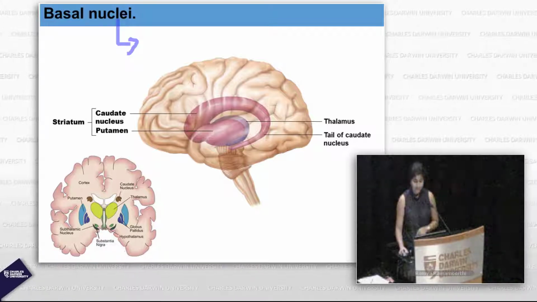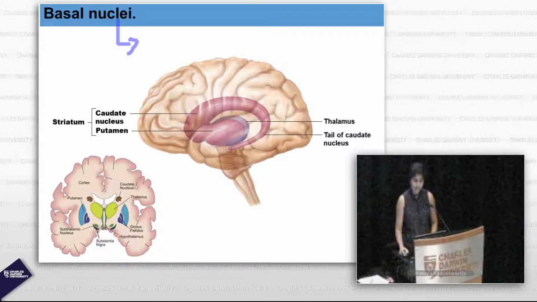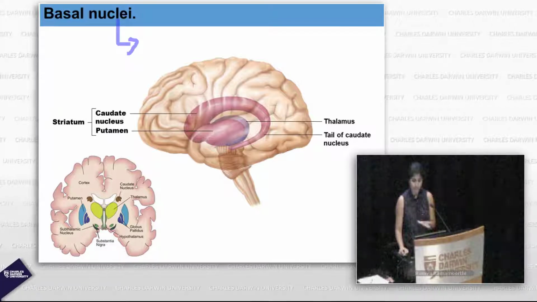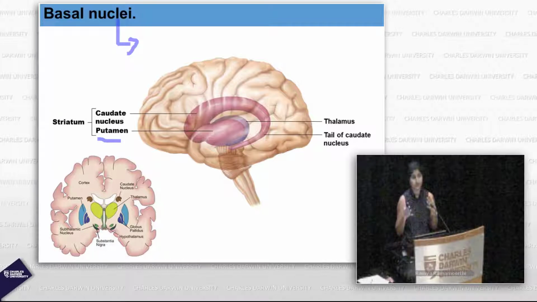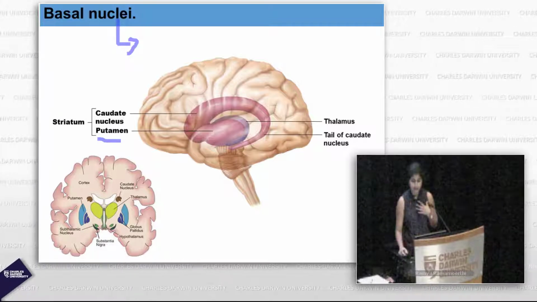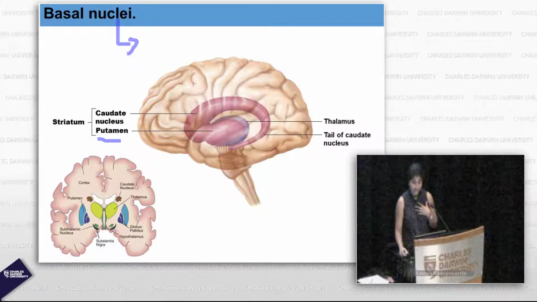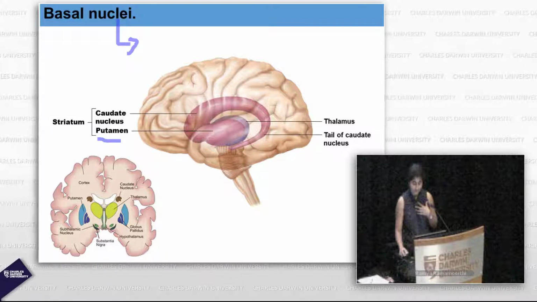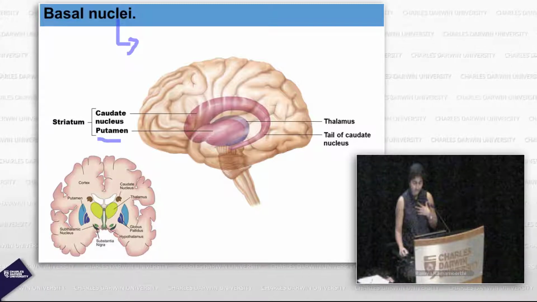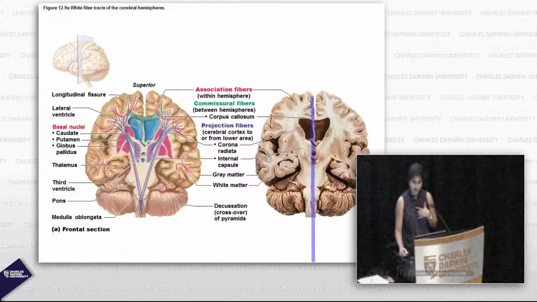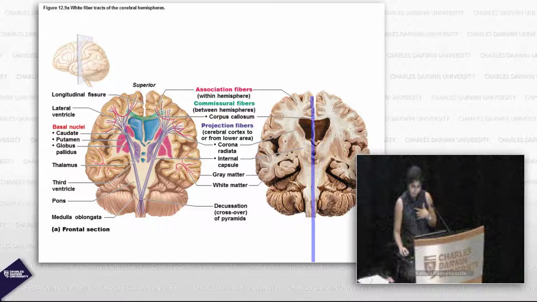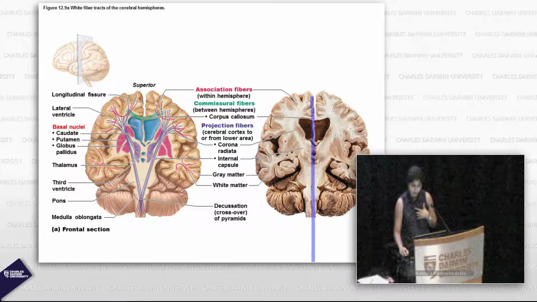Okay, so there are different nuclei. As you can see here, we see the caudate nucleus and then the putamen nucleus, but in this view, there is one nucleus which is hidden. If you take the putamen nucleus in a different view, you'll be able to see the globus pallidus nucleus as well. That's here in this picture, just medial to the putamen nucleus.